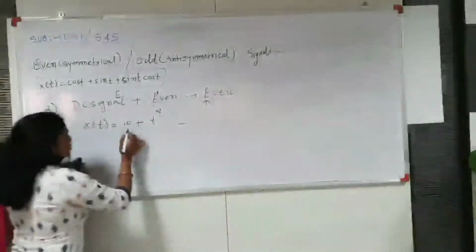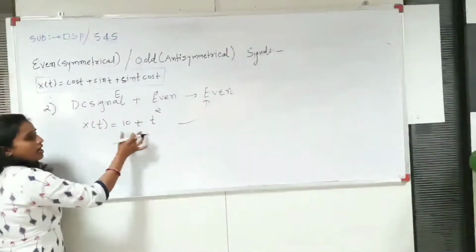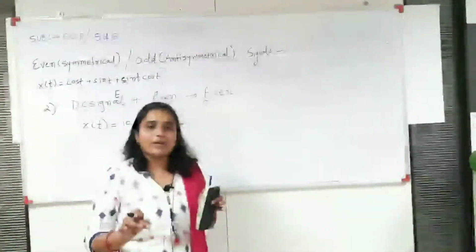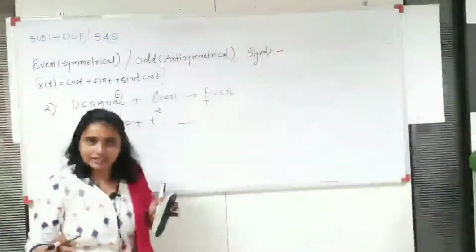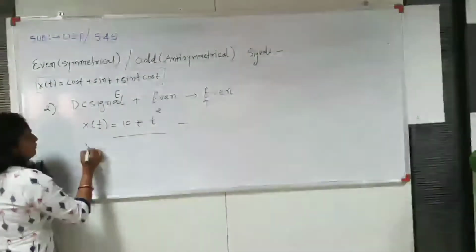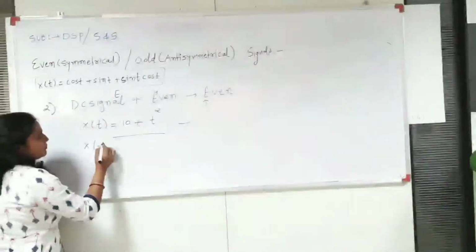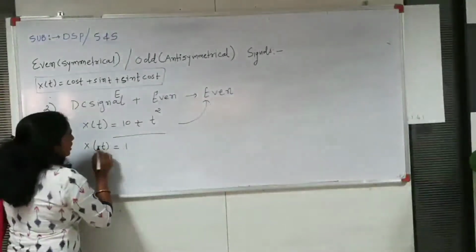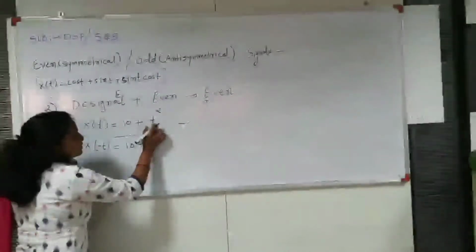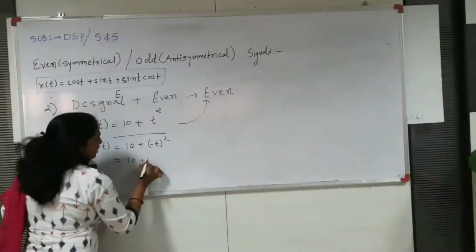So for finding whether this signal is even or odd, either we find the even component or odd component, or in the same way, if the equation is given, then we find x of minus t by replacing t with minus t. So x of minus t is nothing but 10 plus, instead of t, minus t square. So what is the answer? It's again t square.